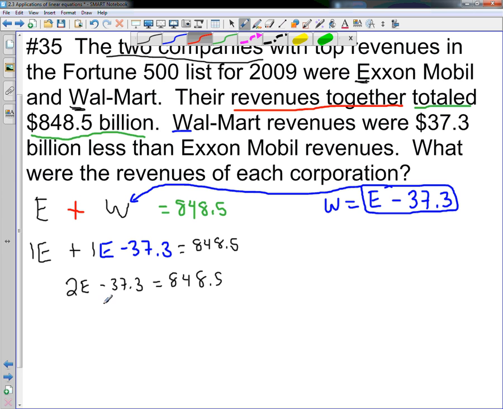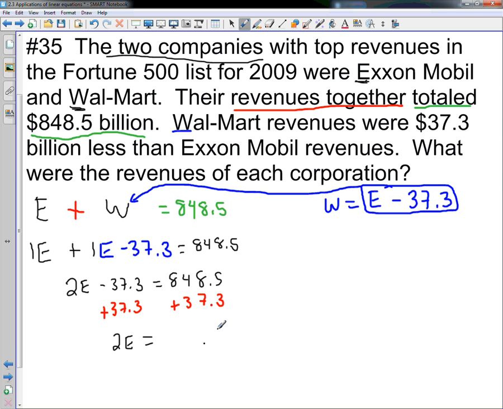So we have a minus here, so we're going to go ahead and add that over. 37.3, so add 37.3. And that gives me 2e equals, make sure you line the decimals up.